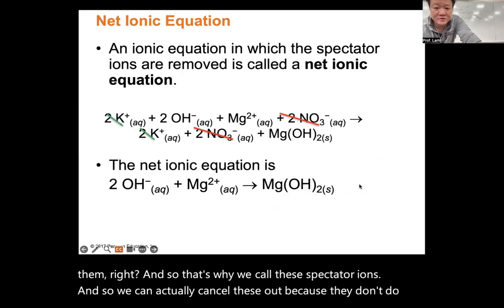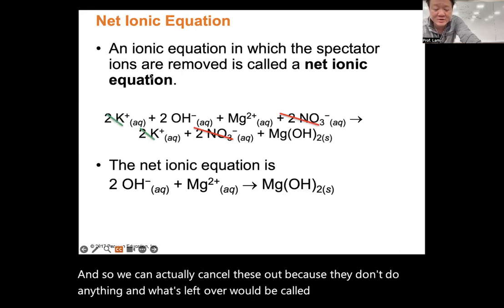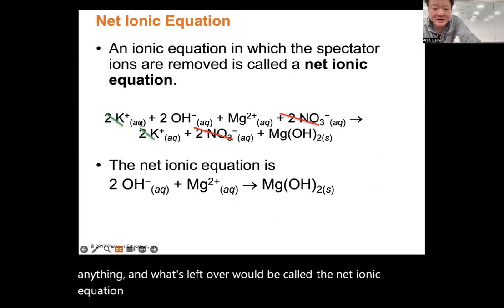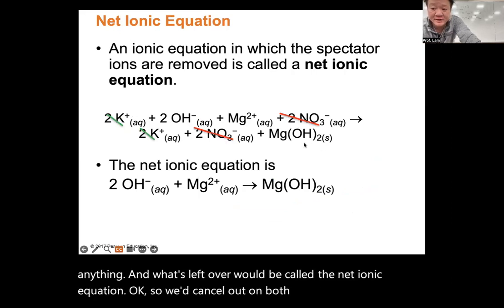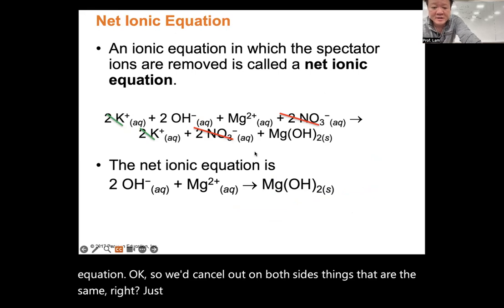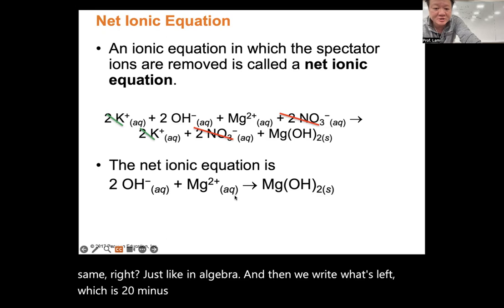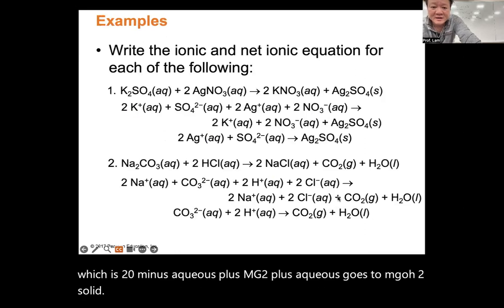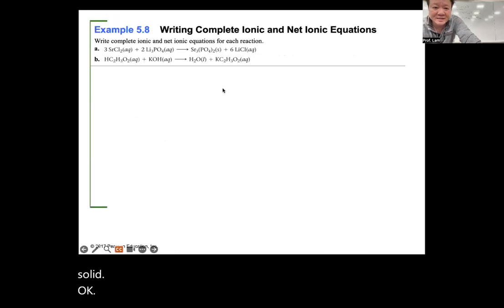What's left over is called the net ionic equation. We cancel out things that are the same on both sides, just like in algebra. Then we write what's left, which is 2OH− aqueous plus Mg2+ aqueous goes to Mg(OH)2 solid.